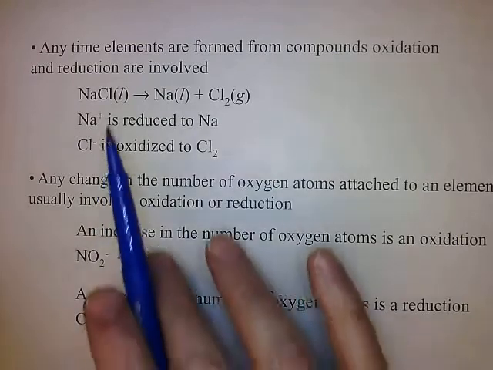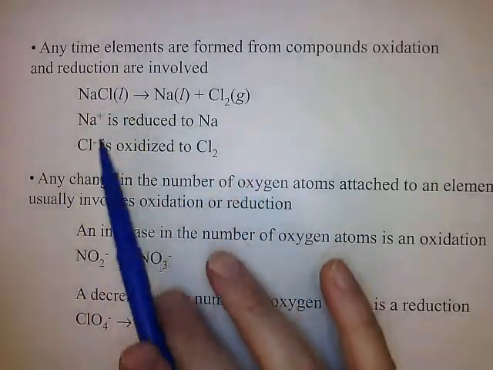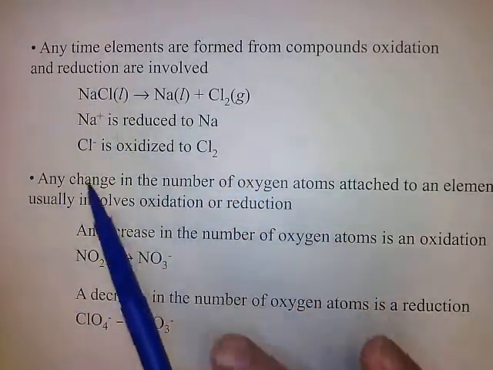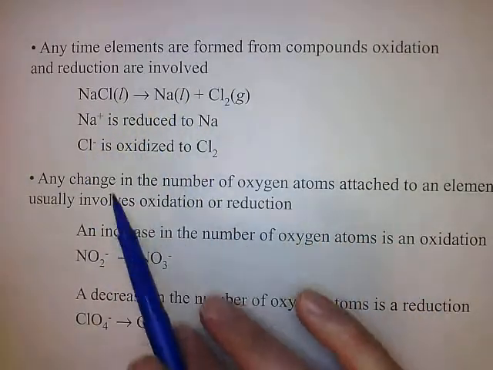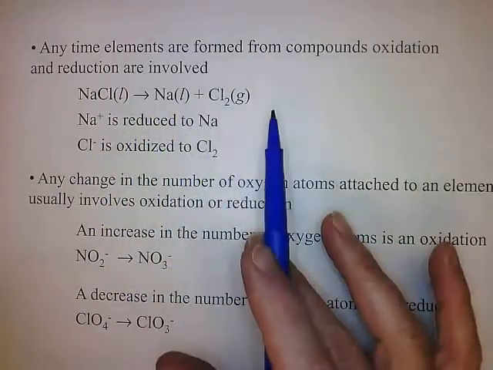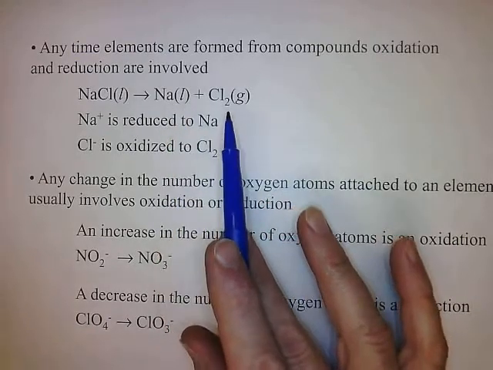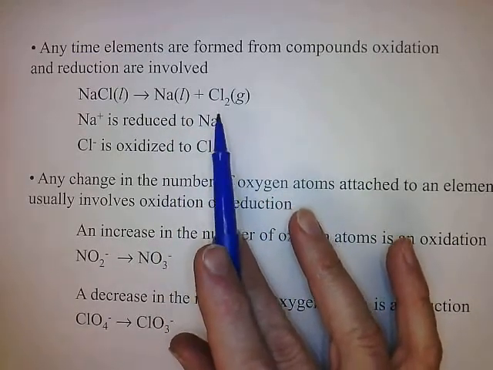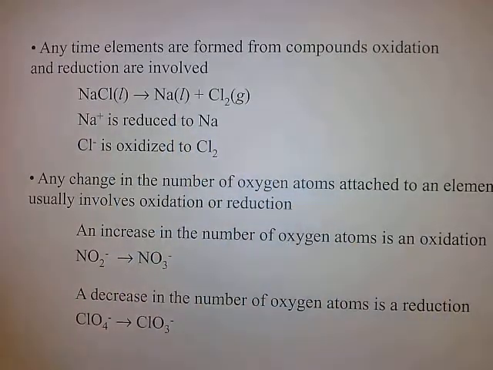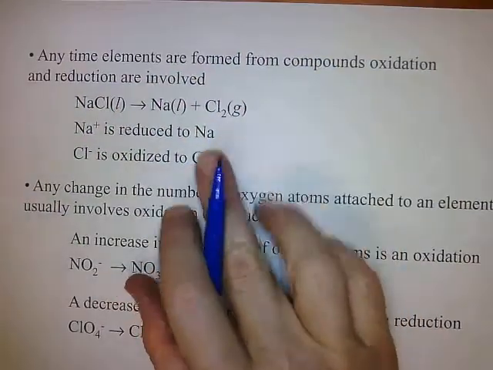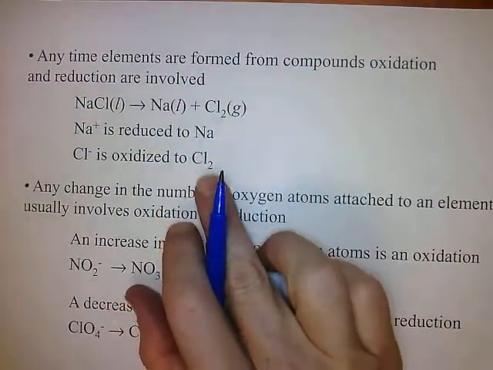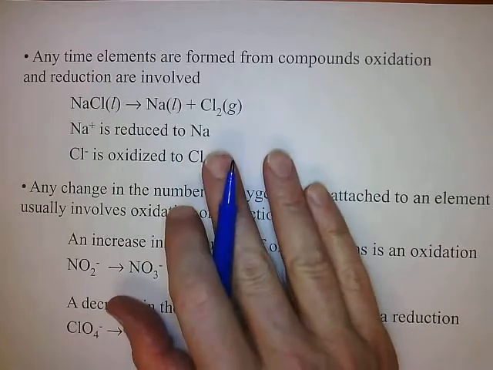Okay, so for example, if we take salt, the sodium chloride, and we electrolytically break it down and recover the sodium and the chlorine gas, that equation is not balanced, but don't worry about it. Anyway, the sodium is being reduced, right?